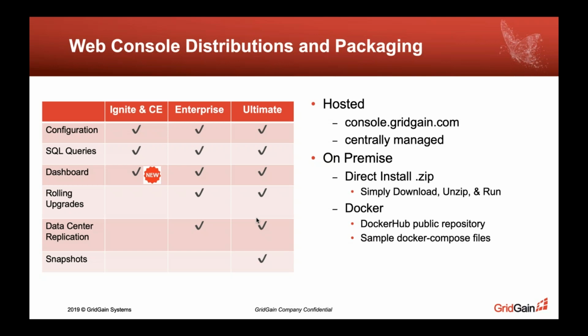You can view all of them, regardless of what version of the grid you're accessing, but we will activate those features based on the license that we detect of the connected grid. From Web Console, you could have a mixture of some Ignite clusters, some GridGain Enterprise clusters, and an Ultimate Edition cluster, of different versions, and one Web Console can manage all of those.